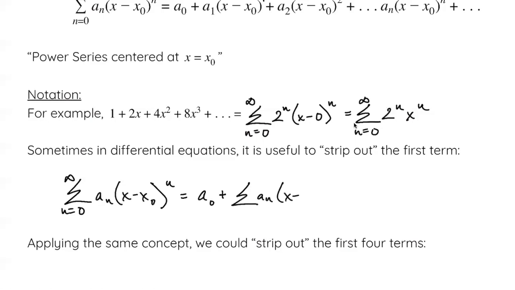the rest of it. Now this part stays the same, but how do I change this part to say now I only want to start at the first term, or at a sub 1, not at a sub 0? I can make one small change in the notation to do that.